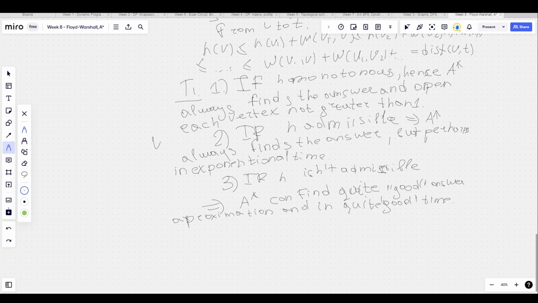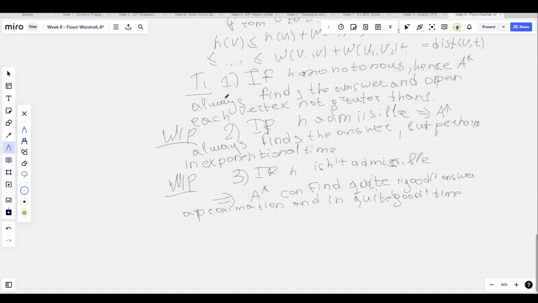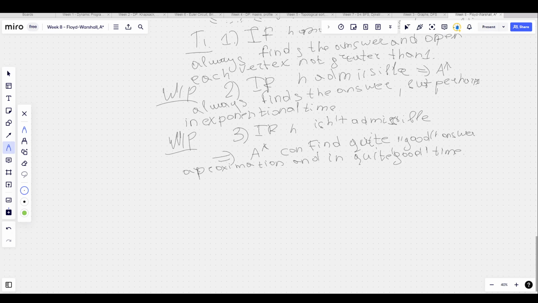This will be without proof because it's hard and not interesting at all. So we are going to consider only this improvement.